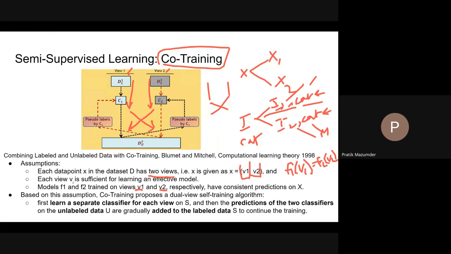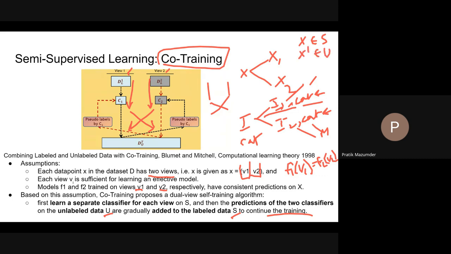Okay. So the idea is that you learn a separate classifier for each view. Then the predictions of the two classifiers on the unlabeled data are gradually added to the labeled data to continue the training. So you have your set of samples S, which are labeled, which is the supervised data, and you also have some unlabeled data.